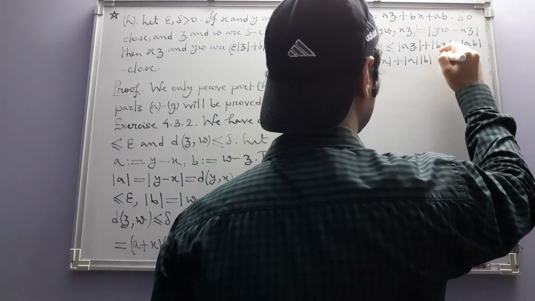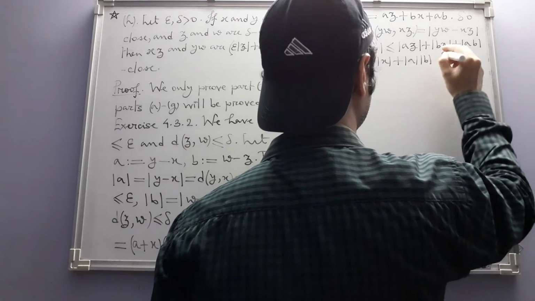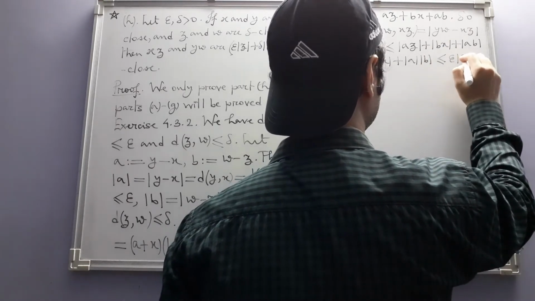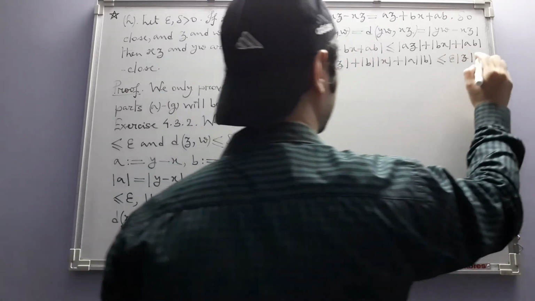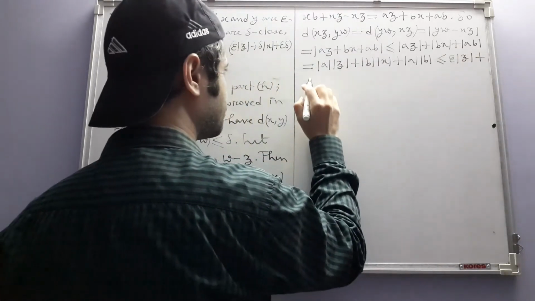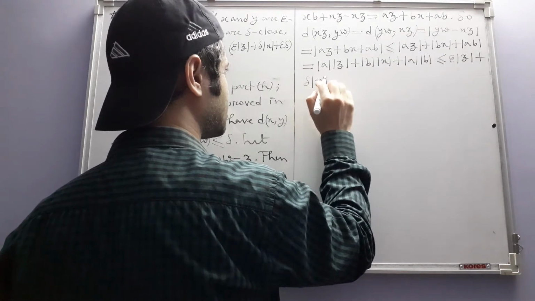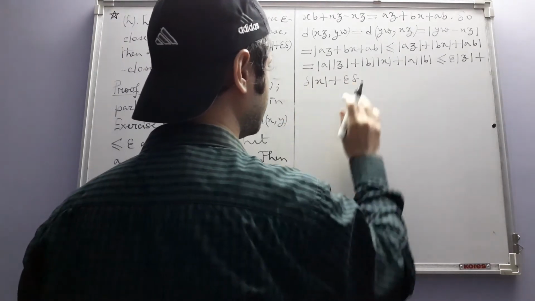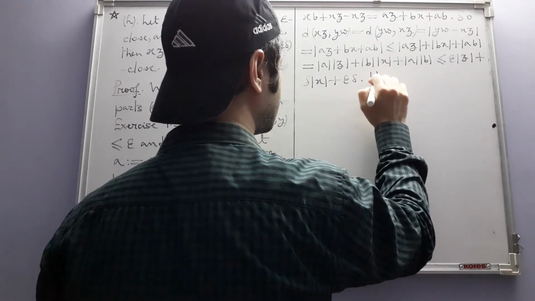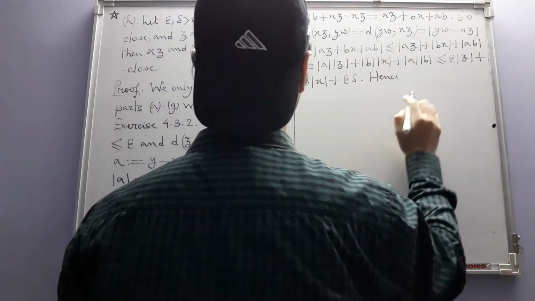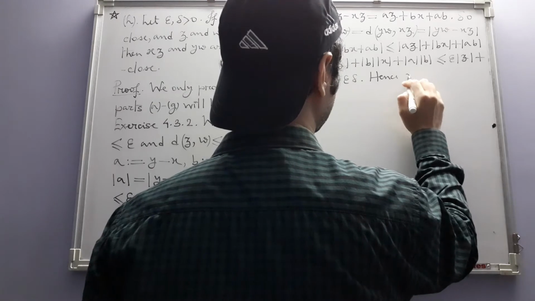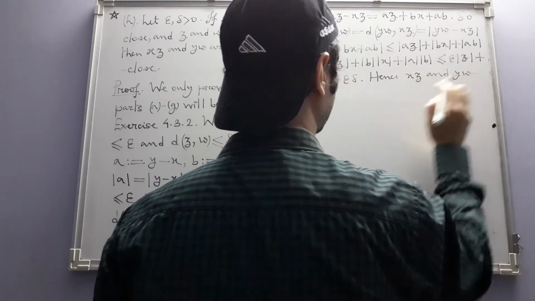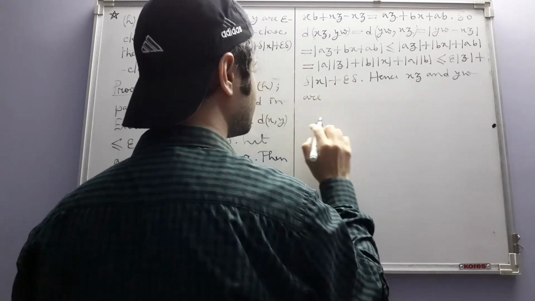So this is less than or equal to epsilon times the absolute value of z, plus delta times the absolute value of x, plus epsilon delta. Hence xz and yw are this close.